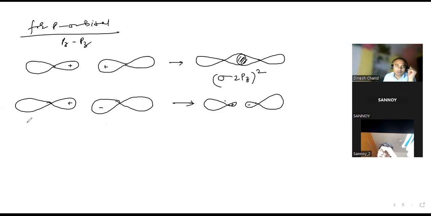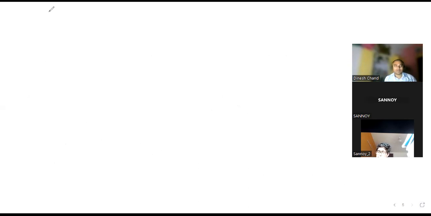Now the last one, for 2px or 2py. Here there are also possibilities. Let me write for 2px and 2py. For both, I am doing the same diagram. Kindly try to understand.